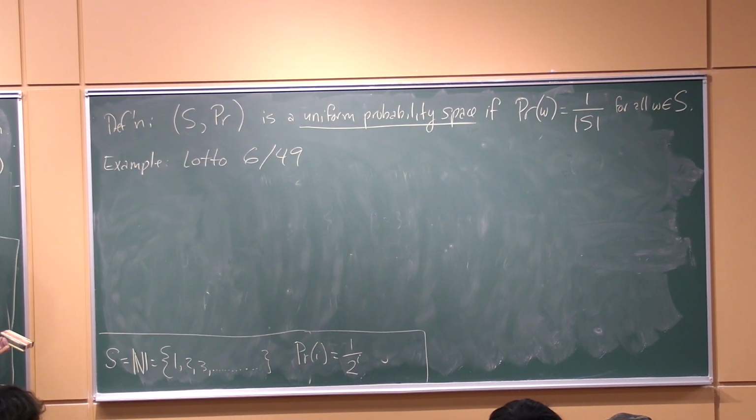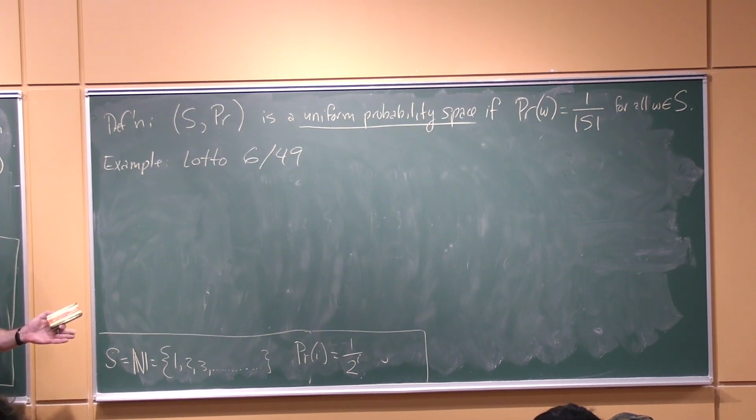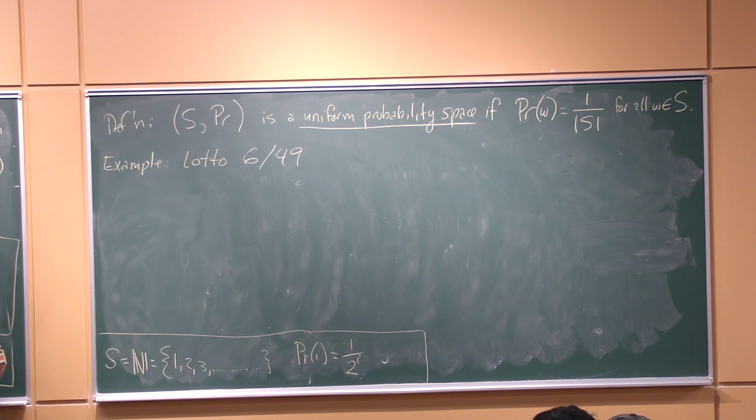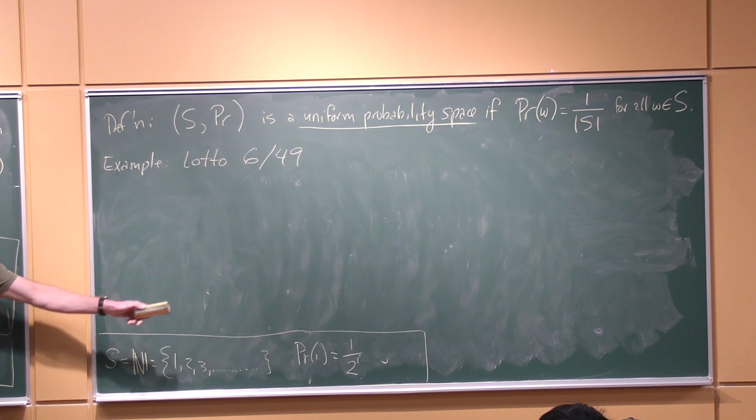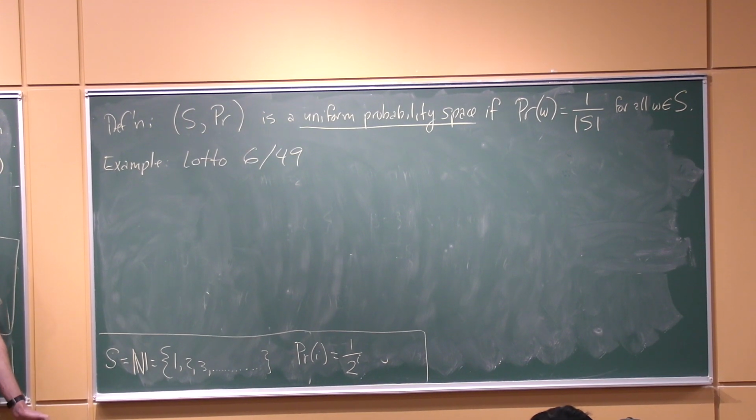And what's a probability? A probability is a number between 0 and 1, with the only rule that those probabilities all have to add up to 1. So this is an example of something that satisfies both those rules. Every probability is between 0 and 1, and if you add them all up, that sum is 1: 1/2 plus 1/4 plus 1/8 plus 1/16, and so on. That infinite sum adds up to 1.